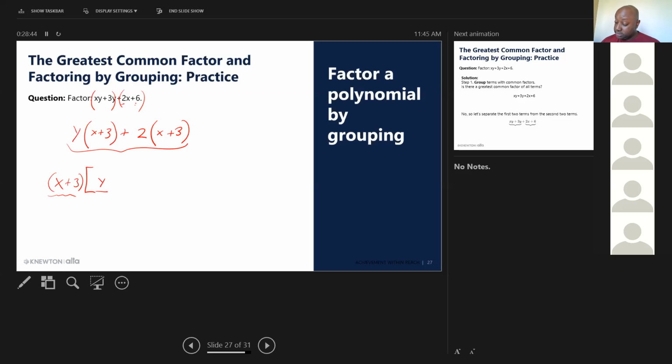Just y. Bring down my plus sign. And now x plus 3 times what gives me 2 times x plus 3? It's just 2. And now I can rewrite this, changing these square brackets back to parentheses.